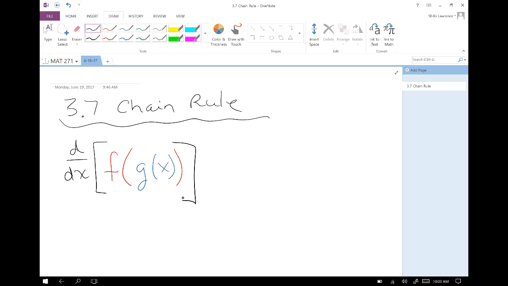So there's the blue g of x on the inside, which is a function of itself that we know how to find the derivative of, like with power rule or something. But then there's also this other operation enclosing it that would also have its own derivative rule. So that we've got the red and we've got the blue, and they have their own derivative rules, and one is embedded in the other. It's not multiplication, it's not division, it's composition.